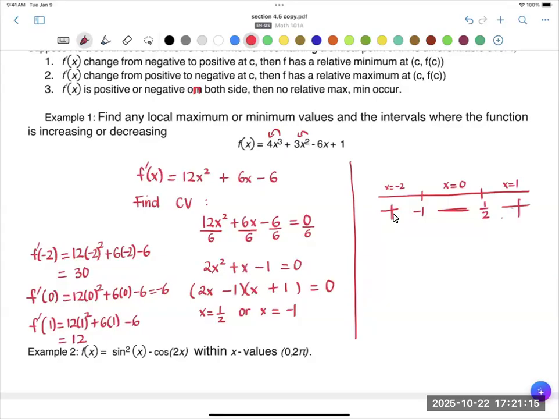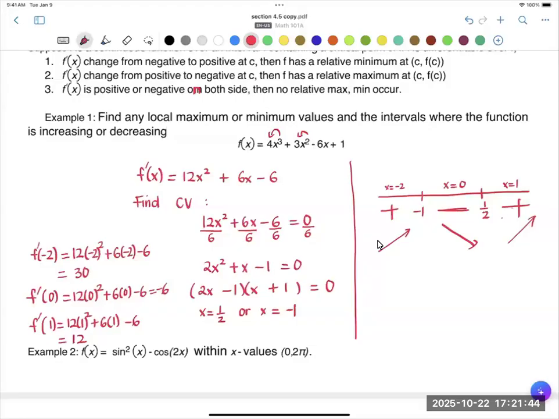Okay, so when you have positive, negative, positive, for a car moving on a line, you would have it move right, left, and right. But in this problem, they want to find a relative max or min of the graph. Then all you need to do is this one is increasing, this one decreasing, and this one increasing. When you draw the arrows, because it's a plus, the arrow goes up, negative is an arrow down, and then plus is an arrow up.